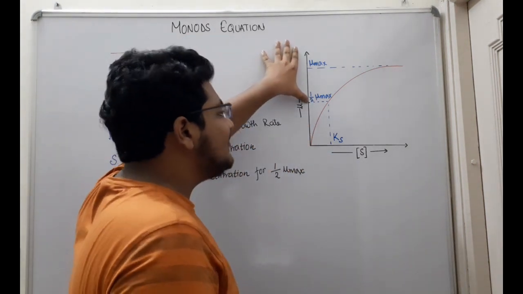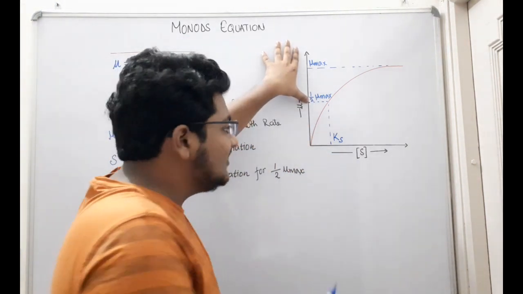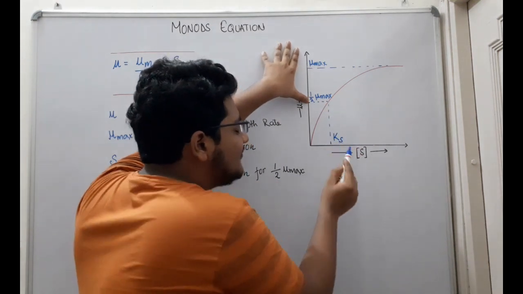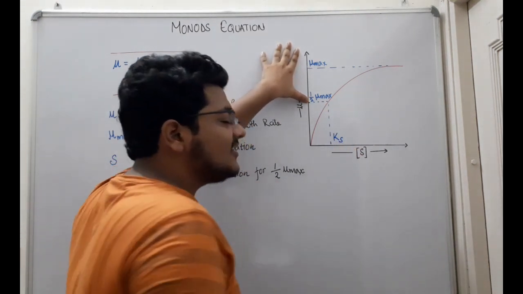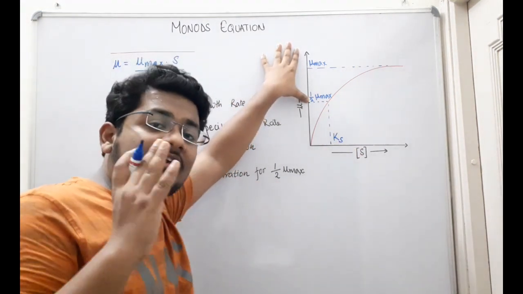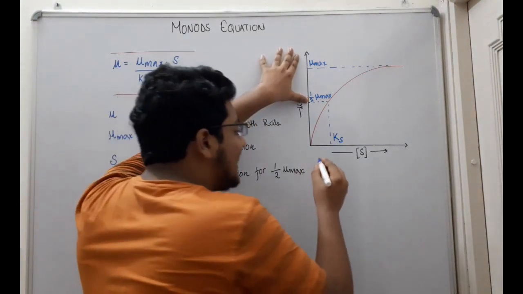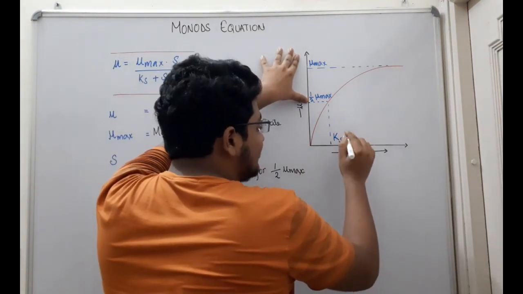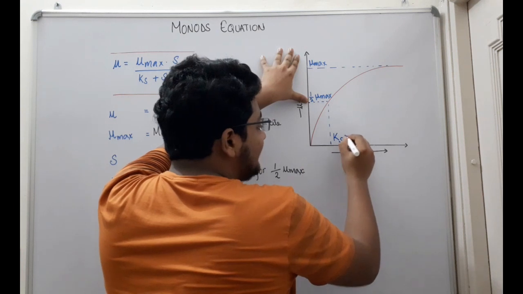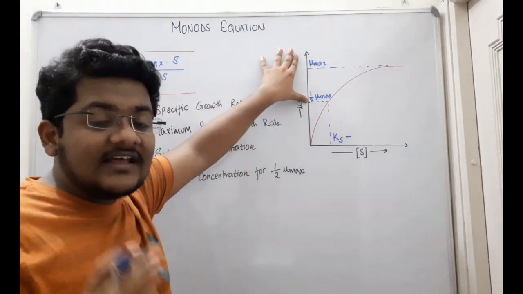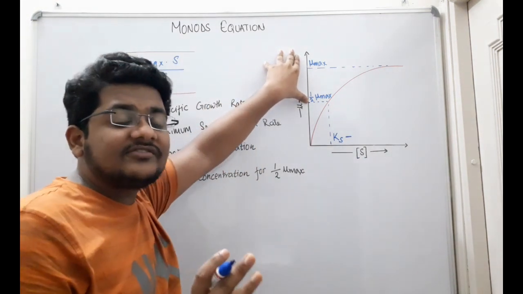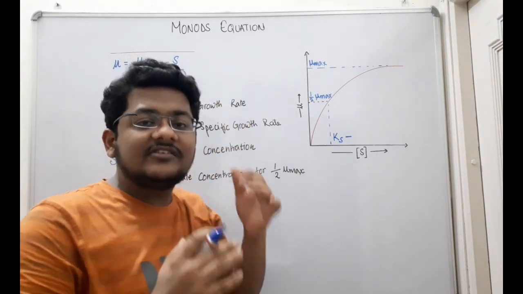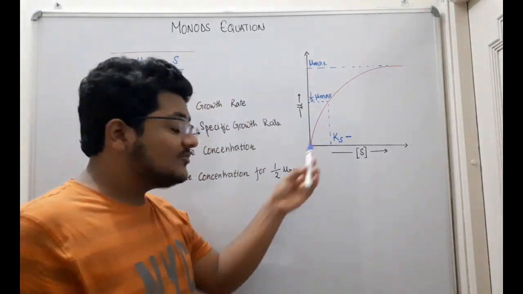Once we reach half of the maximum specific growth rate, we draw a perpendicular line and find out at what substrate concentration we have achieved it, and that substrate concentration is known as Ks.